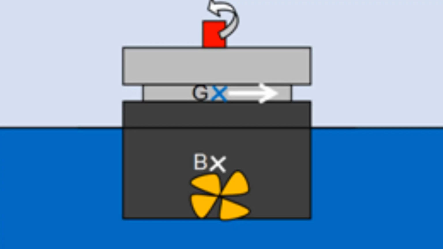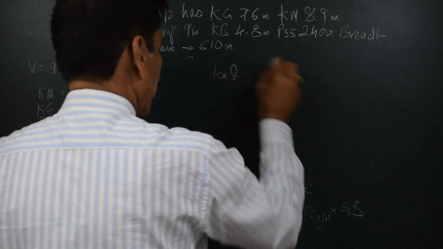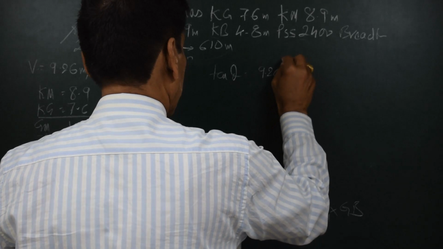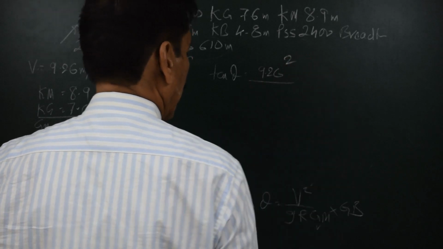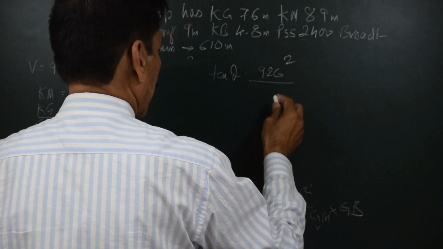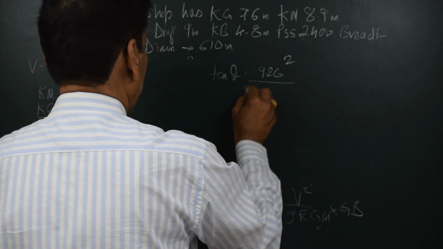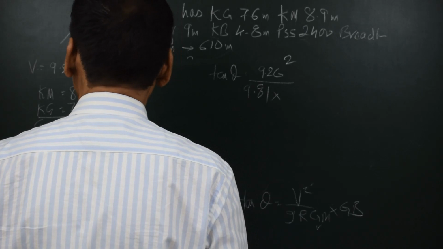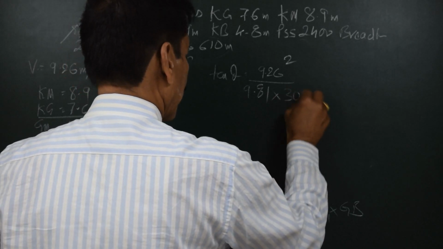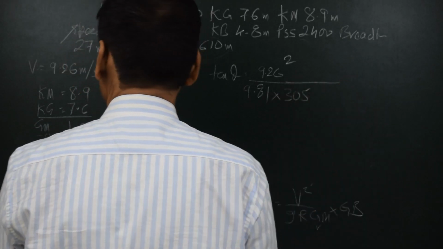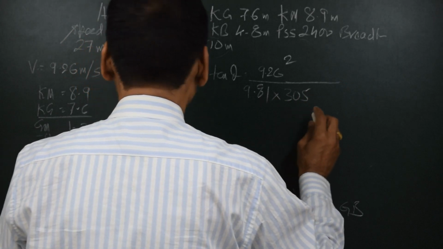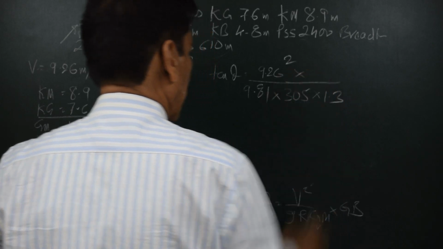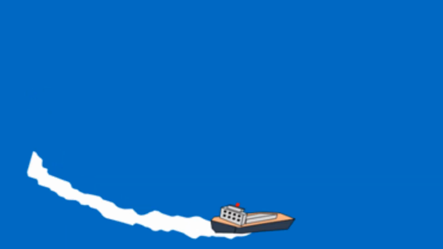So let me put the values: tan theta is equal to 9.26 squared divided by 9.81 into radius 305 into GM 1.3, and this is multiplied by GB, that is 2.8.